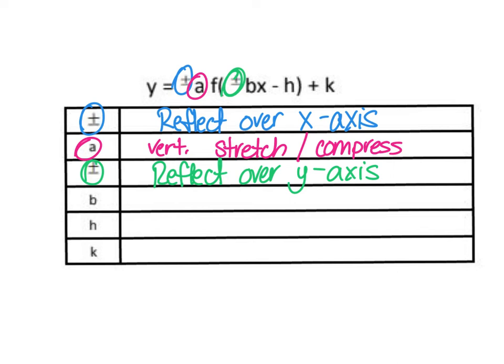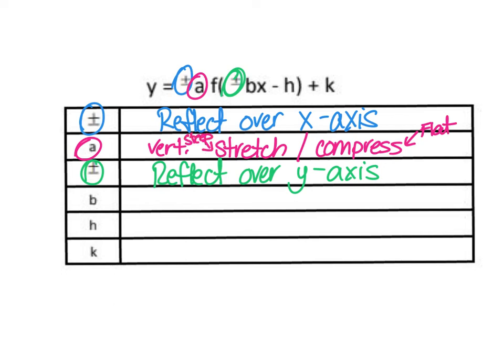So if you're multiplying by a number larger than 1, you're going to be stretching something. It's going to be getting bigger. If you're multiplying by something less than 1, it's going to be compressed. It's going to be getting flatter. So I'm going to put flat here, and I'm going to put steep here.